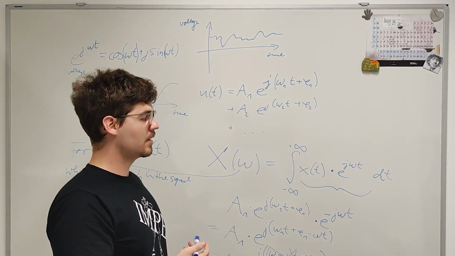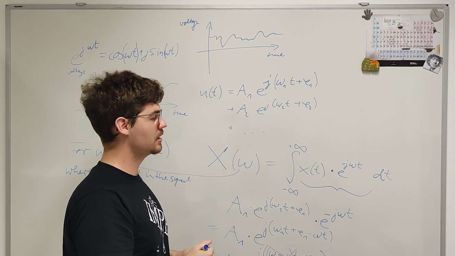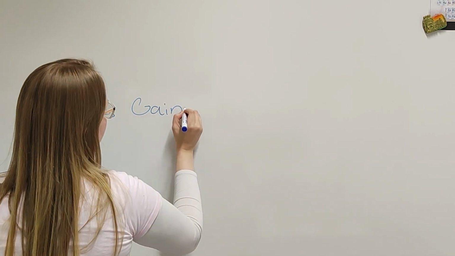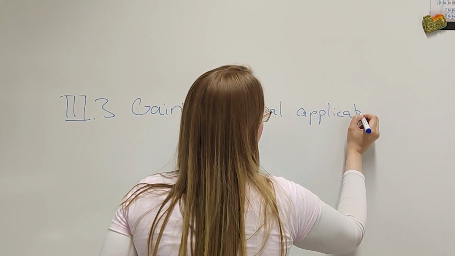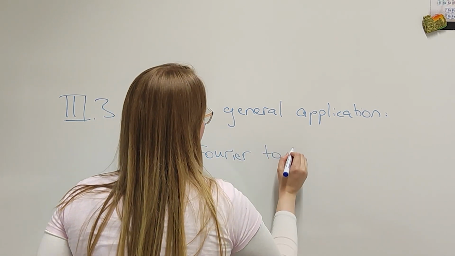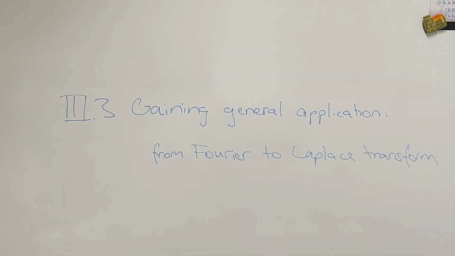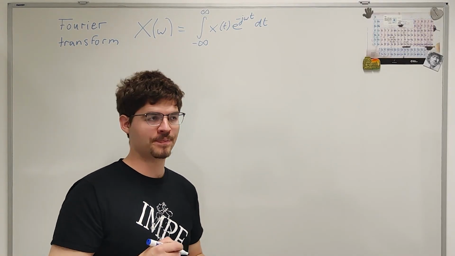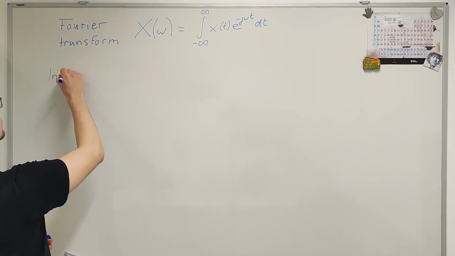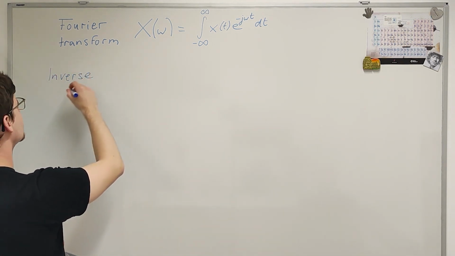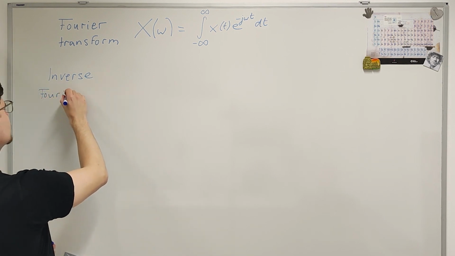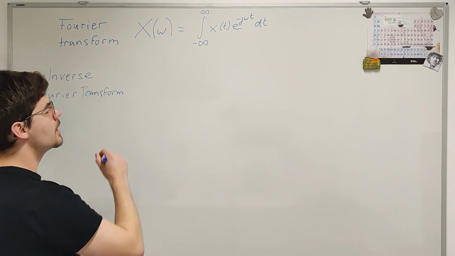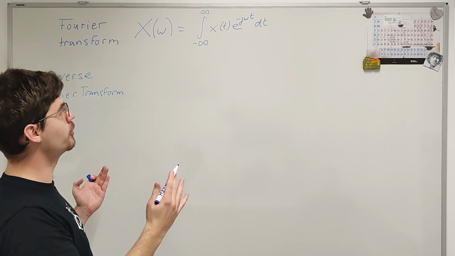Let me give you, for completeness' sake, the way to get back to your original signal x of t. The way back is the inverse Fourier transform. Fortunately, this is much more intuitive than the actual Fourier transform.